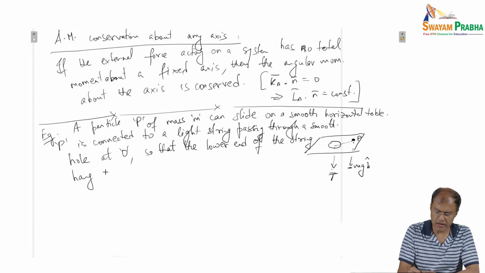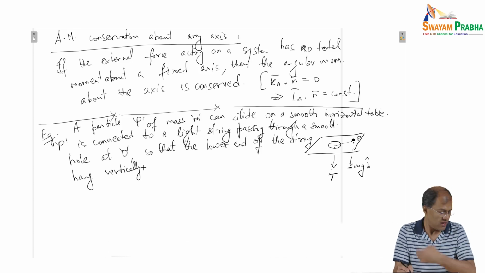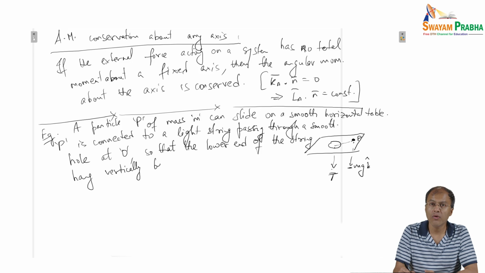The lower end of the string hangs vertically below while P moves on top.